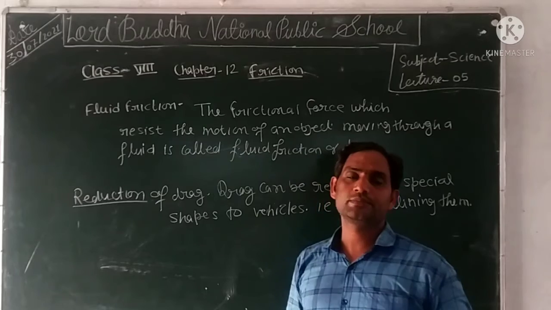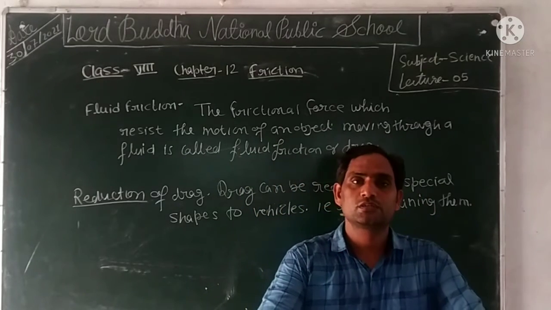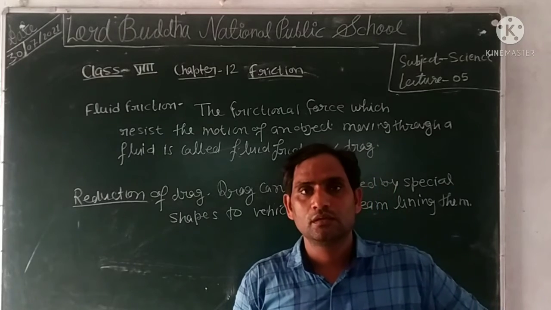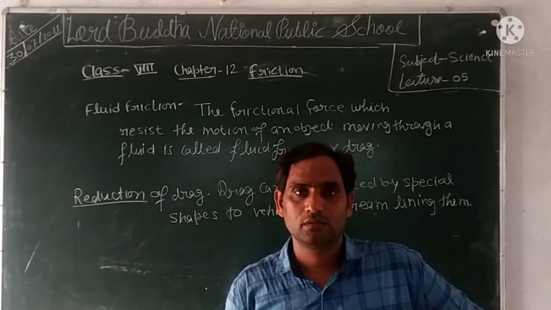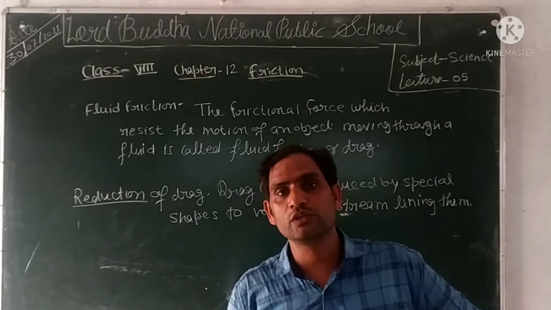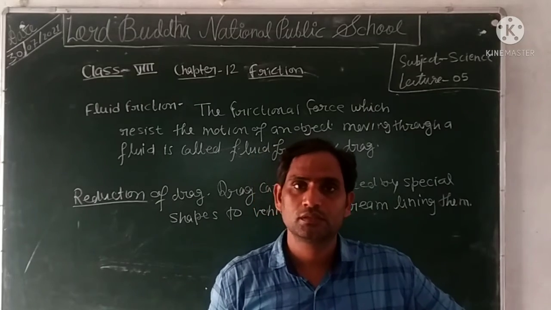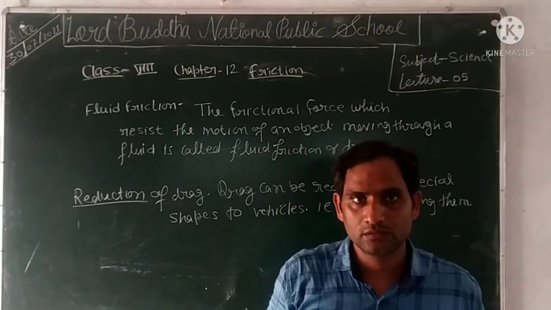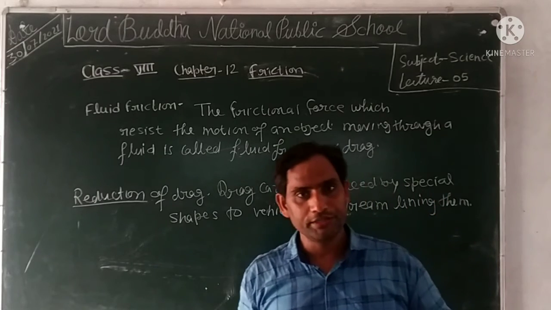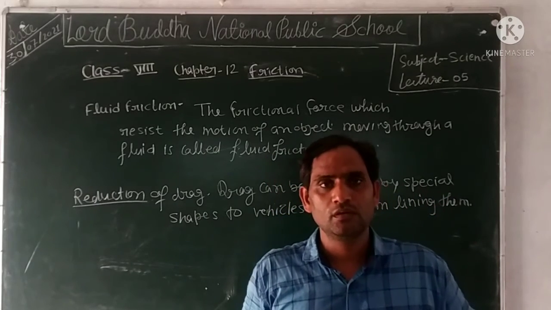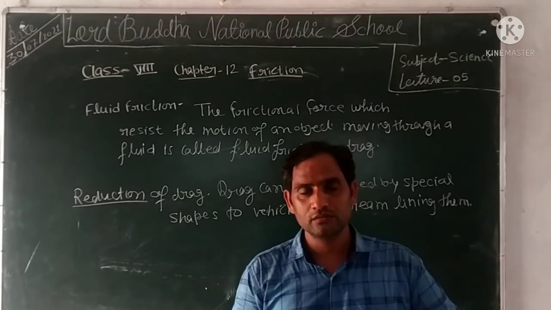You see the shapes of birds and fishes which fly in air or swim in water. They have special shapes for two reasons: to minimize the pressure and to reduce the frictional drag. Okay? It is confirmed, what is fluid friction?